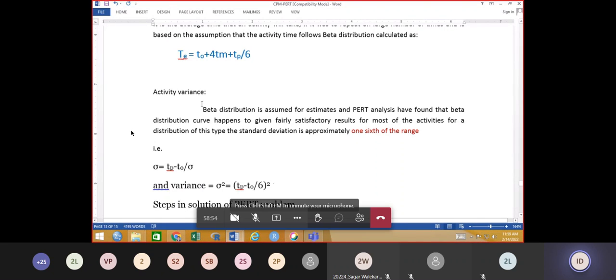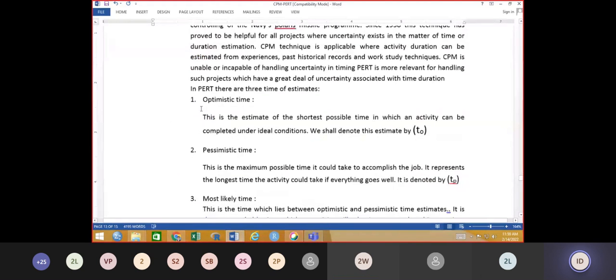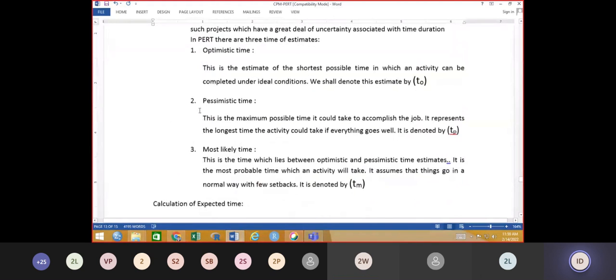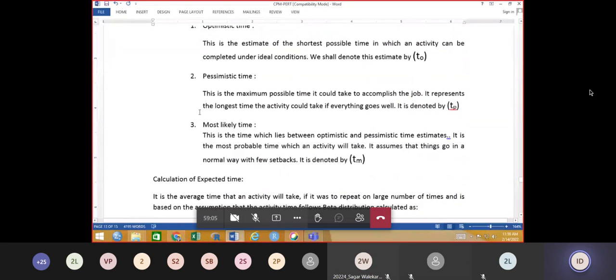Keep in mind the three different times to be estimated in PERT: optimistic time, pessimistic time, and most likely time.